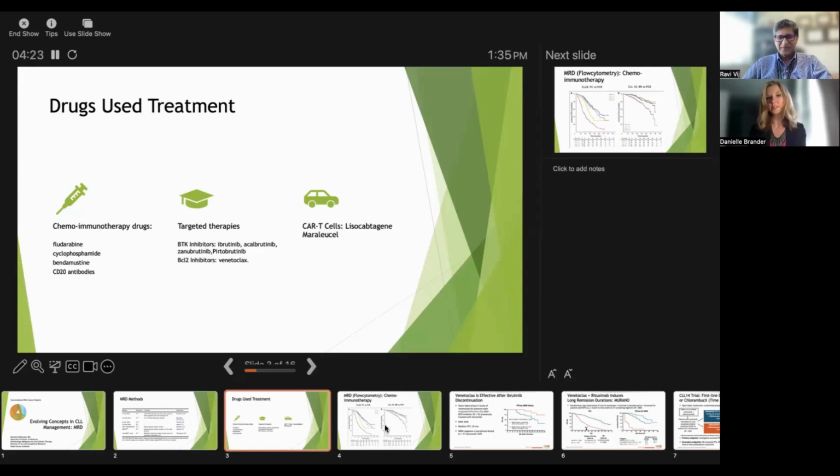And then lastly, we're now having patients that are double exposed or double refractory to these effective targeted therapies. Most recently, CAR-T was approved in CLL. I think clinical trials are still very important for patients, especially those that have been exposed to both BTK and BCL2.